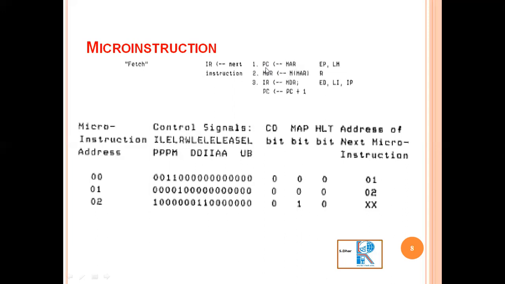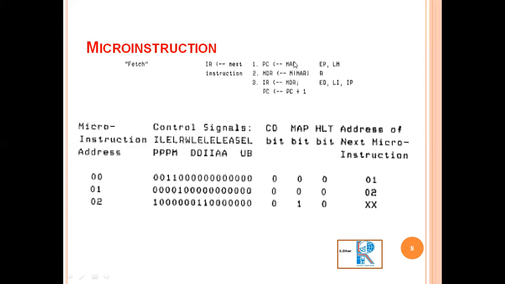The program counter, which stores the address of the instruction to be fetched, will be transferred to the memory address register. Then the particular instruction will be stored into the MDR, and from MDR to IR, the instruction register, where it will be decoded, and at the same time the program counter will be increased. So these are the 3 micro steps, and the total for fetching, 1, 2, 3, is called the micro routine.